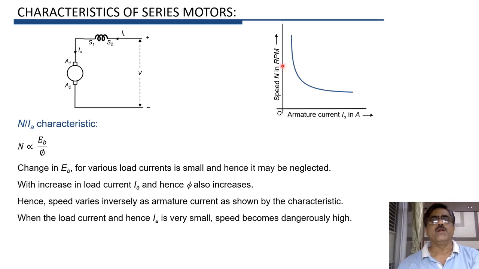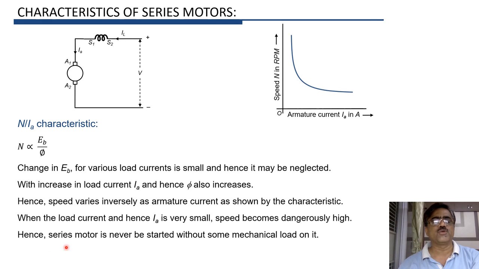Therefore a DC series motor should never be started without some mechanical load on it. First we have to put load and only then start the motor, because if it is started at no load, the current drawn will be very low, and if the current is small, speed can be dangerously high. Therefore, a DC series motor should never be started without some mechanical load on it.